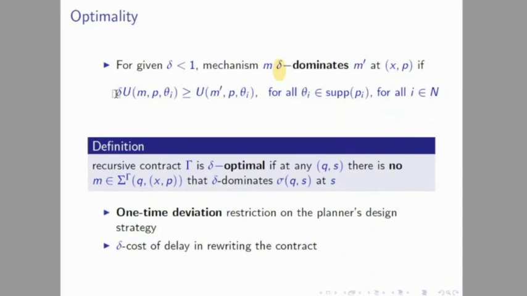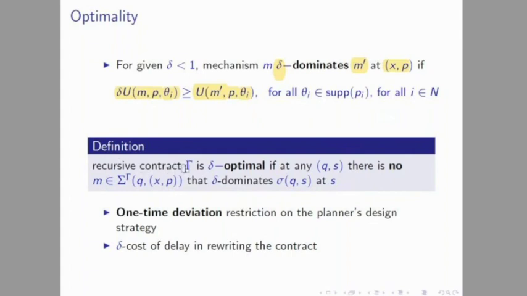A mechanism M delta-dominates M prime at context XP if the expected utility of all agents from mechanism M, times delta, is at least as high as the utility from M prime for all the types of the agents that could have positive probability under P, the current belief.